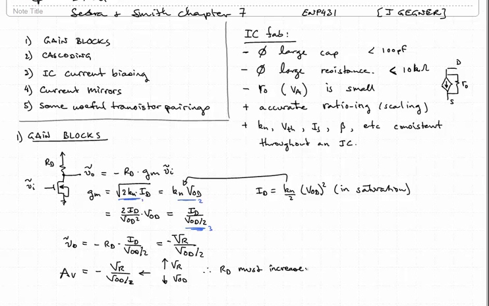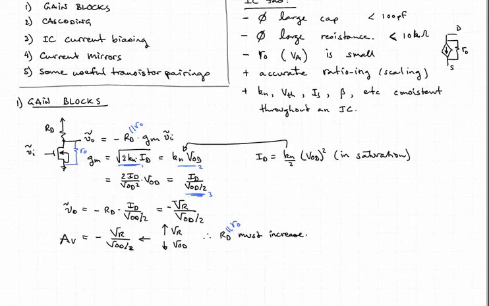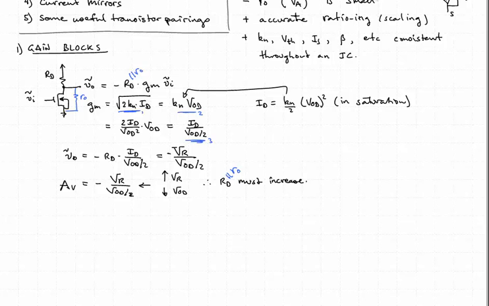Now, we already stated that in IC fabrication, this output resistance ro cannot be ignored. So what we would have in each of these cases would be RD in parallel with ro. And so to increase the gain, what we really want to do is increase RD in parallel with ro.